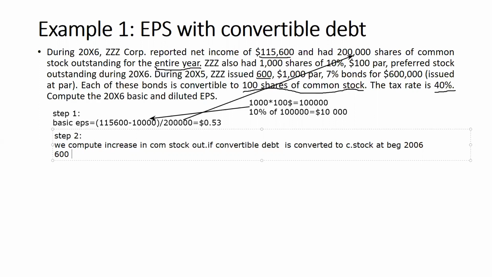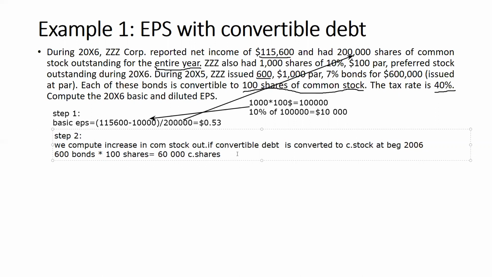So 600 bonds times 100 shares. In total, there will be 60,000 common shares if it's converted. So this is step two that we tried to compute.